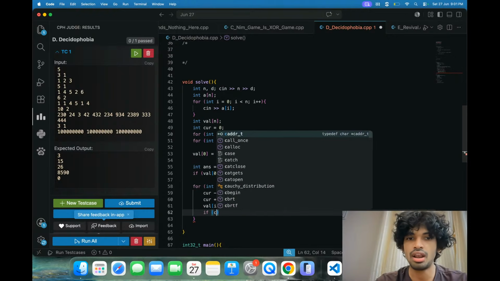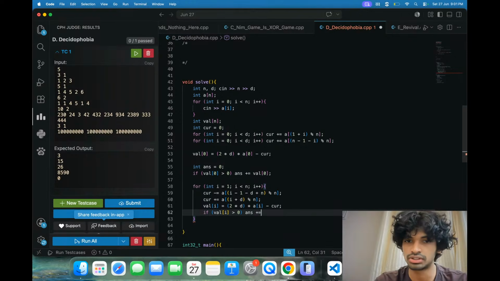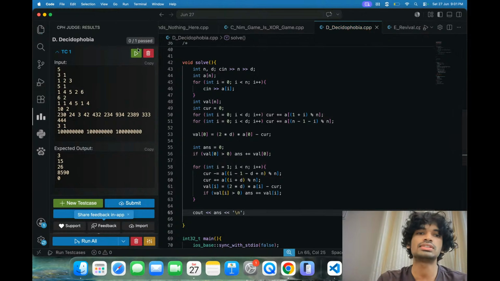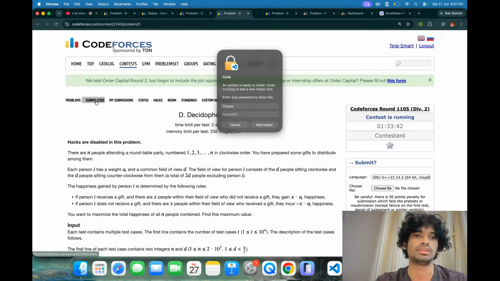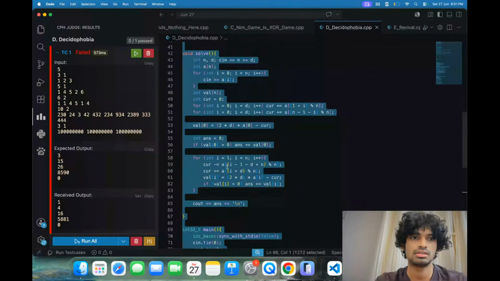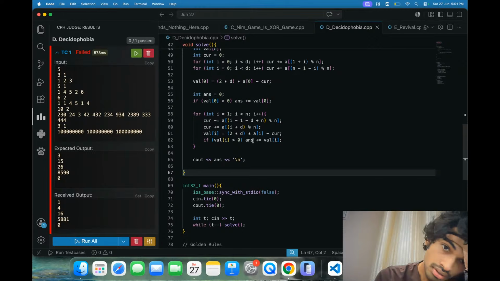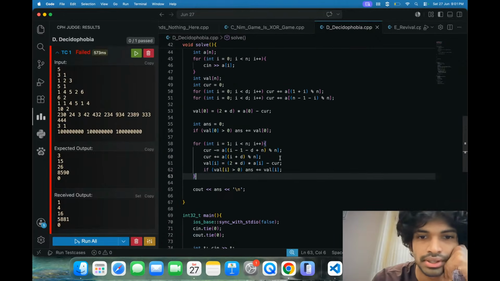And if val of i greater than 0, answer plus equals val of i. See how the answer equals 0. It's quite obvious, it's quite simple. Anyone can just solve this problem quite easily, except me. Did I miss something? Have I messed this contest up?